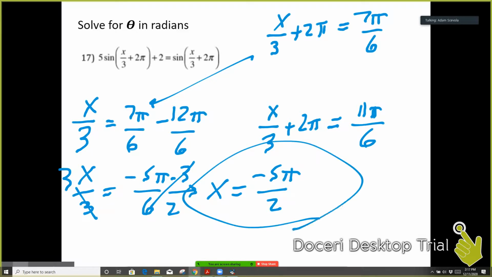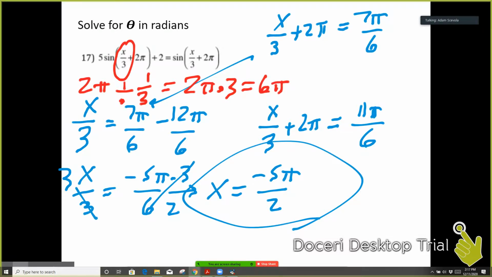But there's an infinite amount of them, so they're going to repeat every period. I know that this has a period of 2 pi divided by b, which is 1/3, which is the same thing as 2 pi times 3, which is 6 pi.